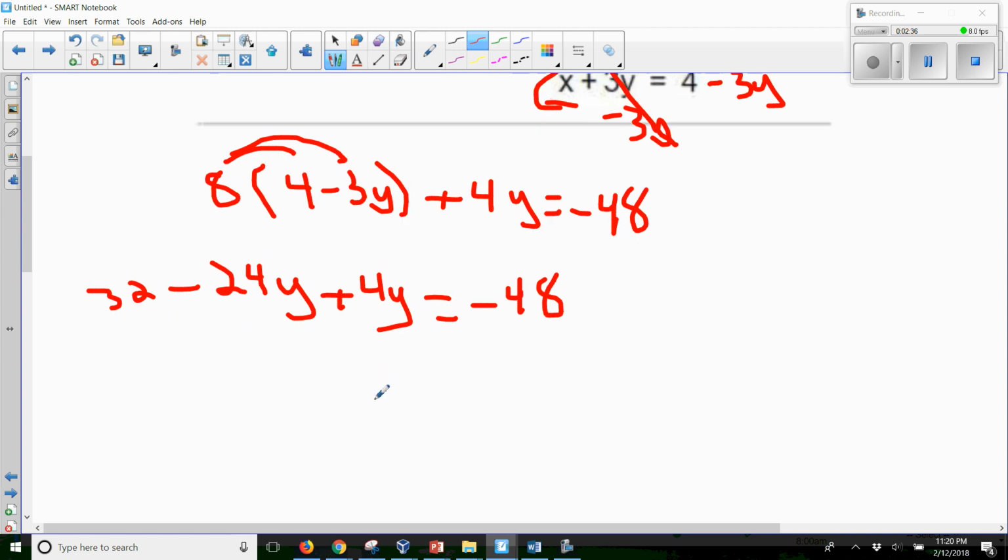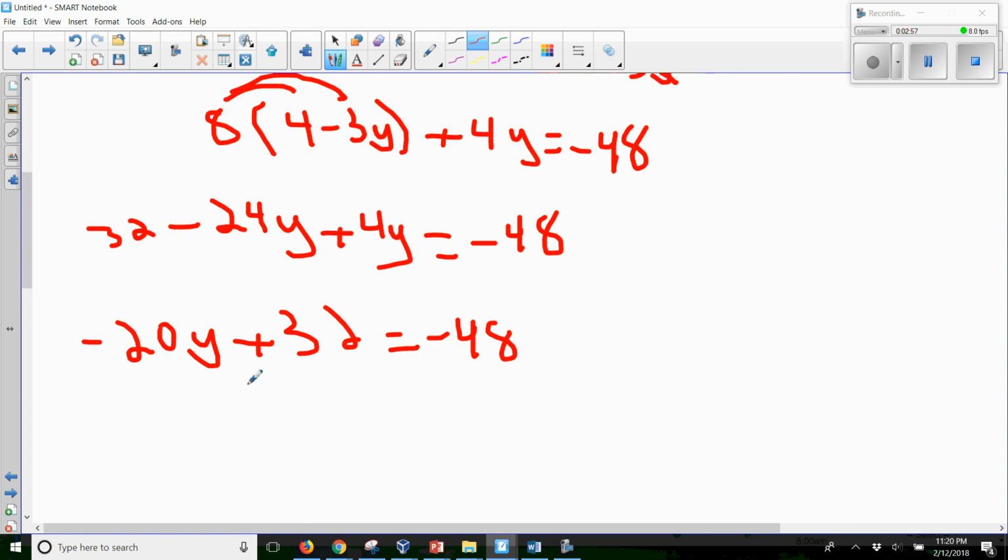When we solve a linear equation, we always want to combine like terms on each side first. So we have a -24y and a plus 4y. That's going to be -20y. And you still have the plus 32 equals -48. We want to isolate the y term, so we'll subtract 32 on both sides.